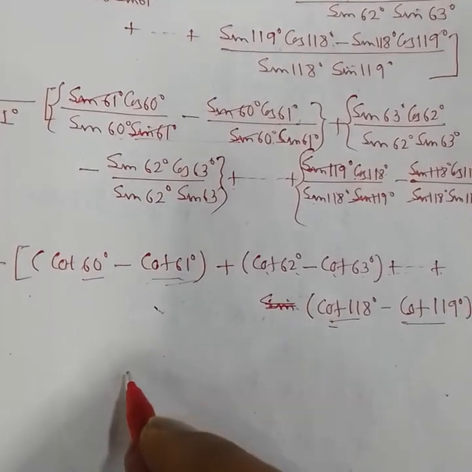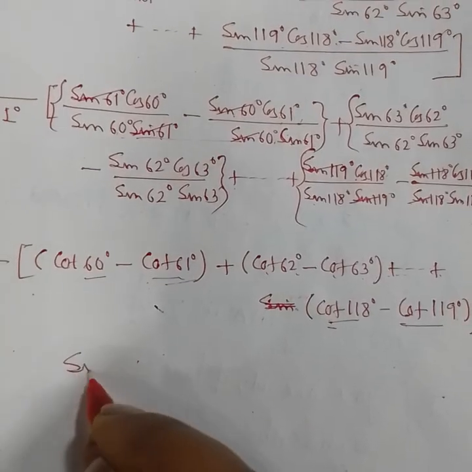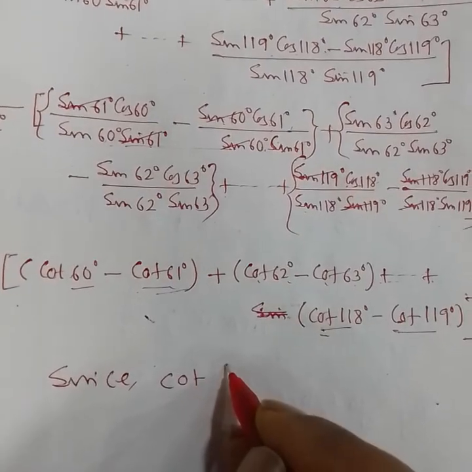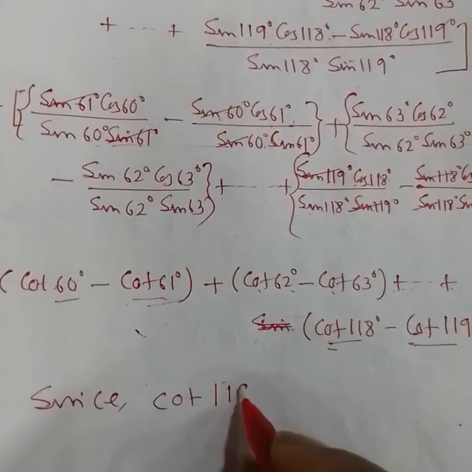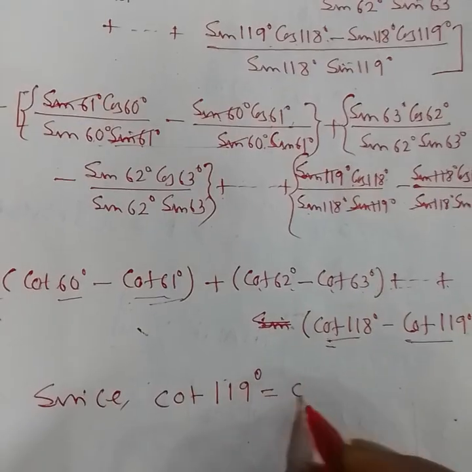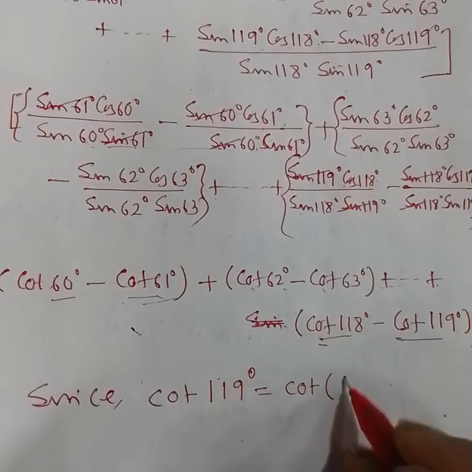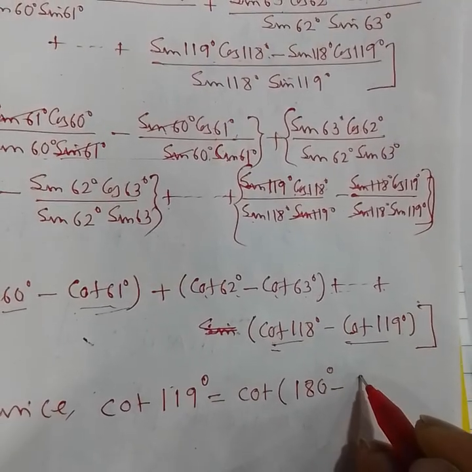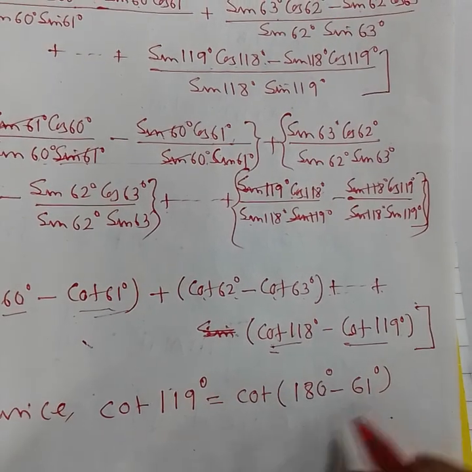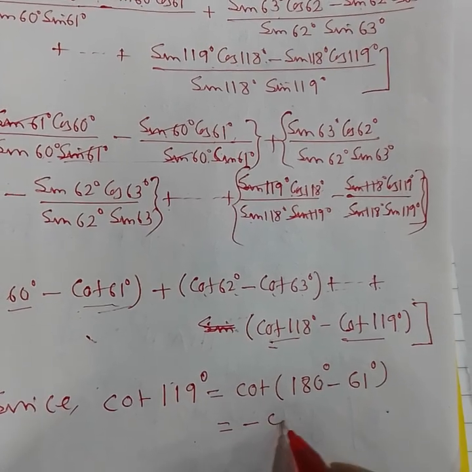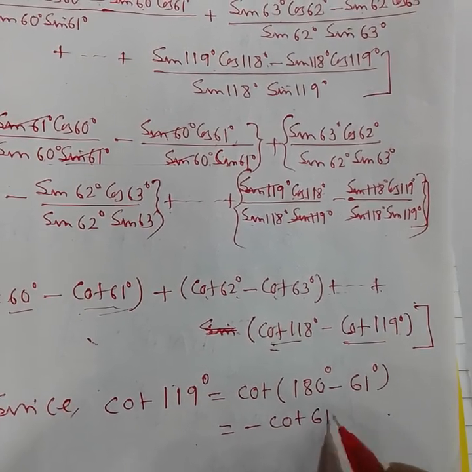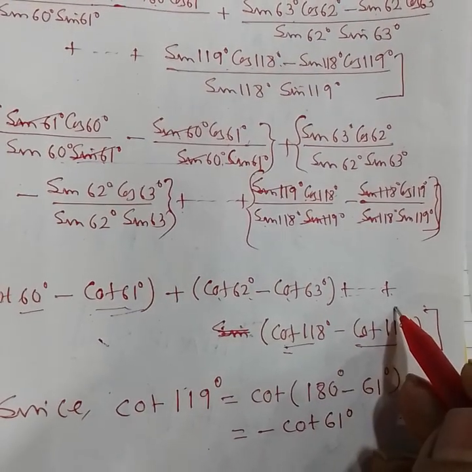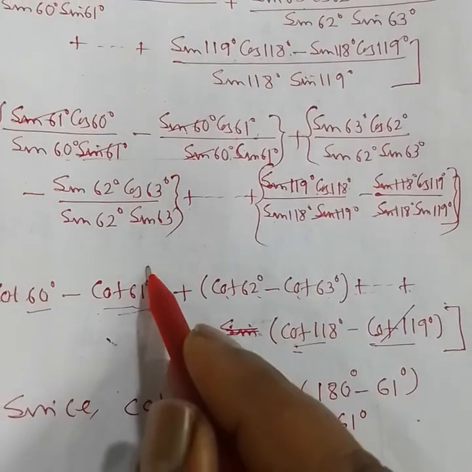Yes, of course, because cot 119 degree equals cot of 180 degree minus 61 degree, which equals minus cot 61 degree. So we can cancel cot 119 degree with cot 61 degree.